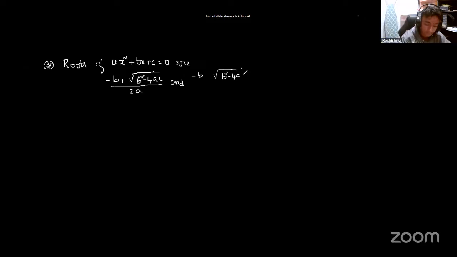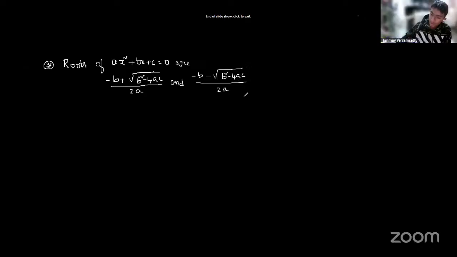Negative b plus root b square minus 4ac over 2a, and another root is negative b minus root of b square minus 4ac by 2a, right?